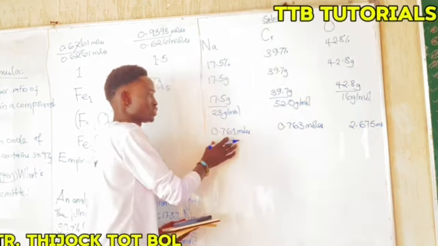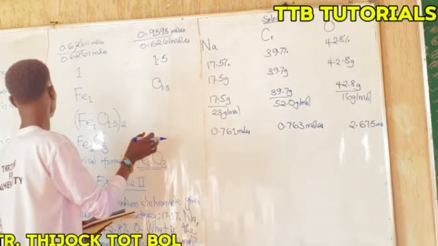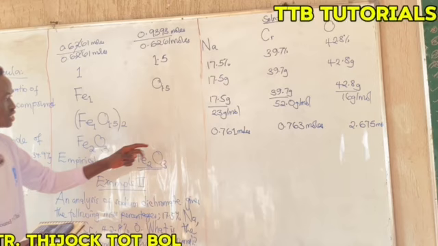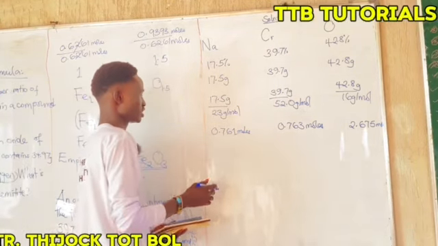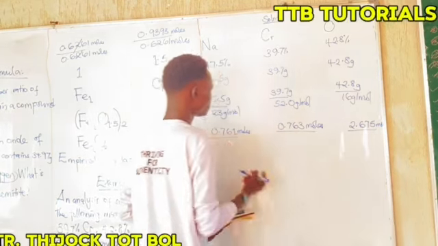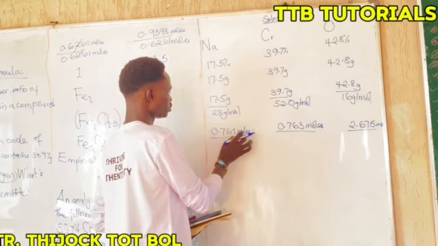Now after getting the moles, you need to also simplify from the definition. From the definition here, it is the simplest whole number ratio of atoms. So we need to also get the ratio for all of these. So from here now, we are going to get the smallest moles here.